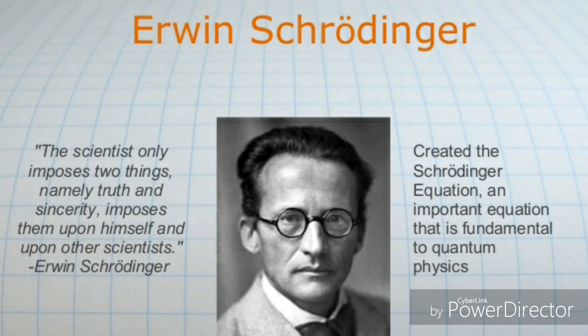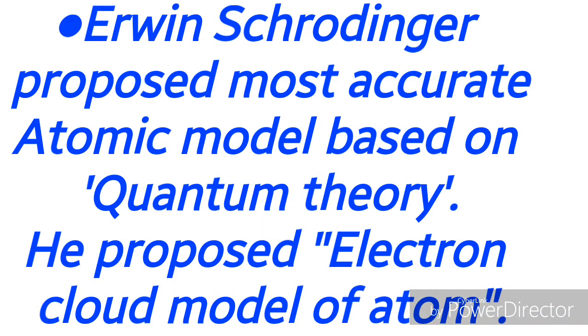So Schrödinger's atomic model is the most accurate one. He could clearly explain the position of electron, which is revolving around the nucleus in different orbits. So based on quantum theory, he proposed an accurate atomic model.